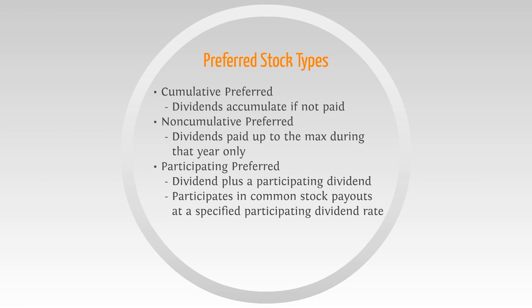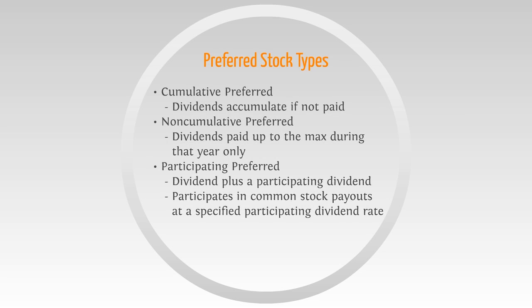And we have the different preferred stock types, which we alluded to earlier, based on the different structures that you can create from the features of preferred stocks. We have cumulative preferred stock, in which your dividends accumulate, whether they're paid out or not. You're still owed those dividends when any are declared in the future.